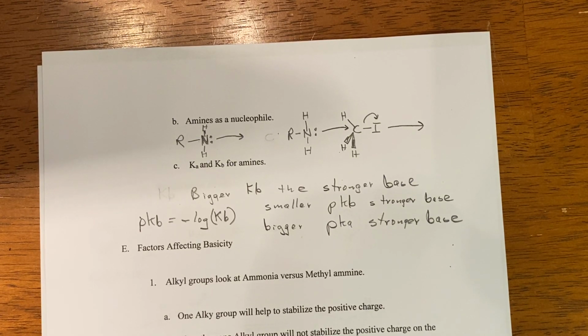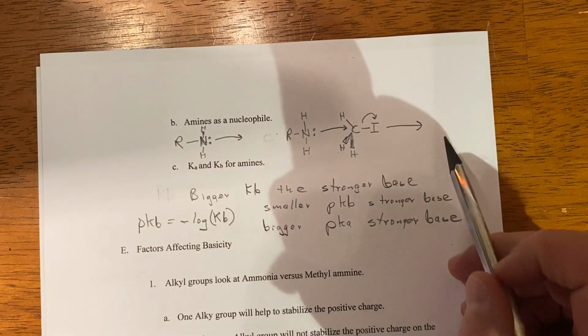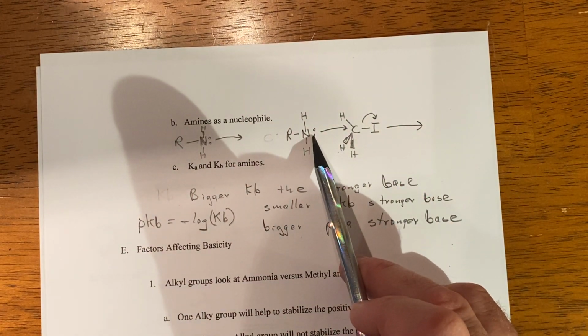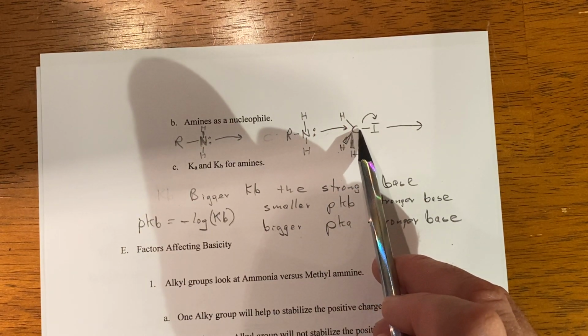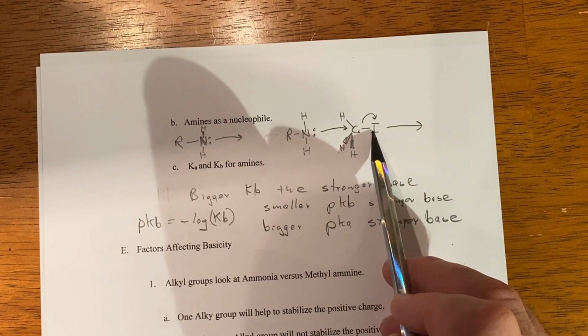If we move forward a little bit, amines can behave like nucleophiles too, because you have that lone pair. I didn't draw the products in here, but you have a lone pair of electrons on the nitrogen, right? They can donate to an electrophile, which in this case is a methyl group with an iodine attached to it.